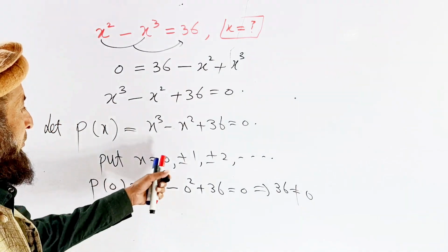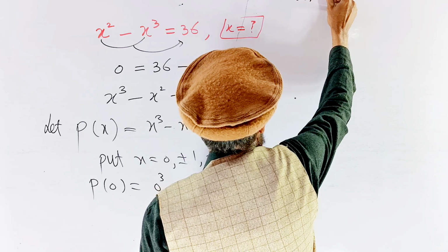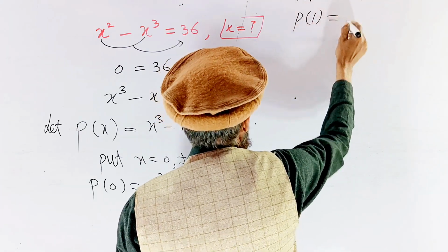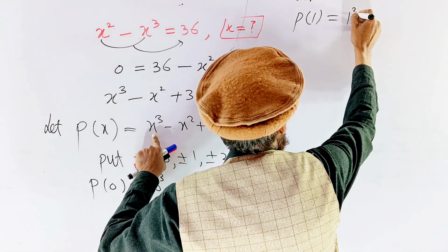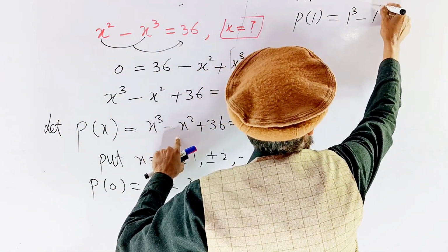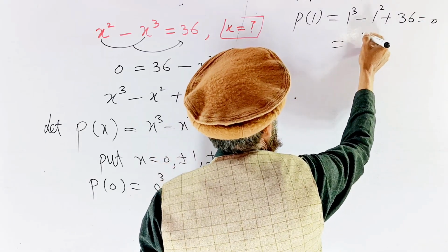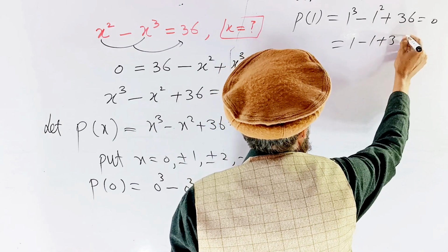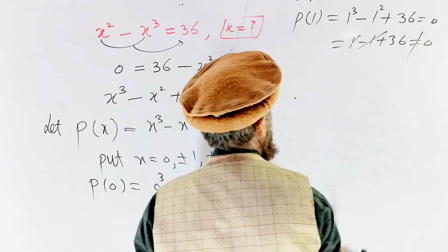Similarly, when x is equal to 1, we put 1 cube minus 1 square plus 36 is equal to 0. Again we get 1 minus 1 plus 36, which is not equal to 0.